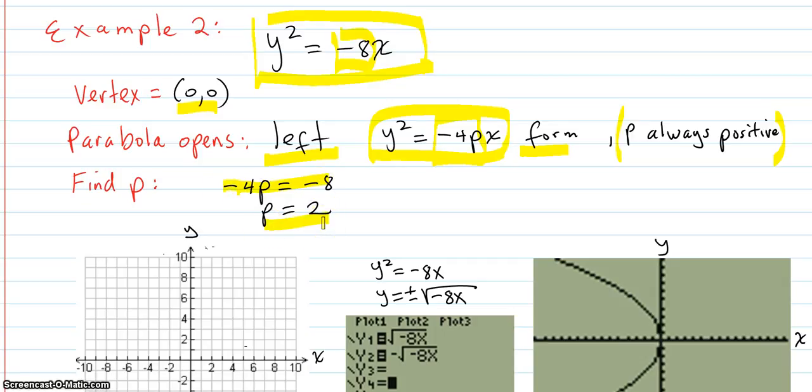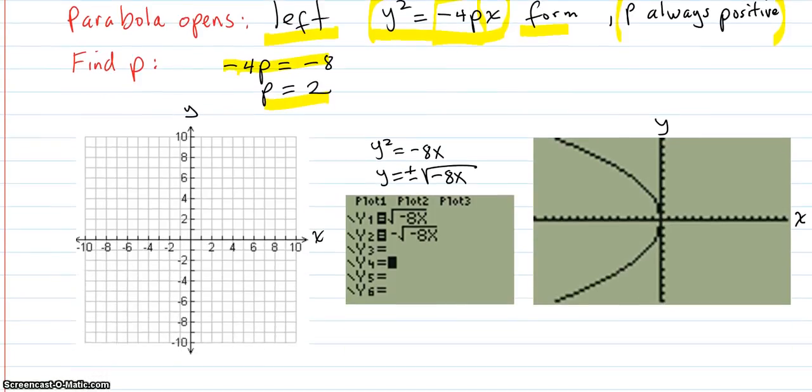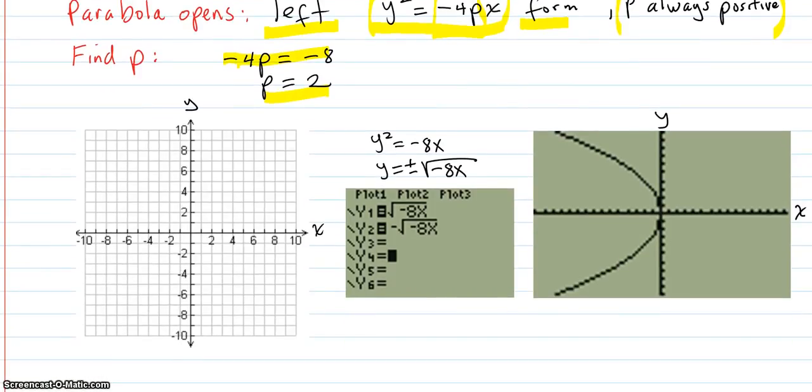Okay, so now we're going to come down here and mark that off. We've got the vertex at 0, 0. We have it opening to the left. So I'm just going to lightly draw in here that's the orientation. That means the directrix is on the outside of the parabola. P equals 2. So 1, 2.